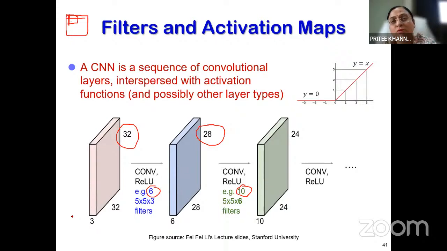Because as I told you, this convolution operation is a linear operation, a sum of products. Because we are dealing with data which has non-linearity in it, to deal with that, this non-linearity is to be added. That is how these activation functions are introduced, and that is how we are not only stopping at the filter maps, but going for activation maps. Should we continue?